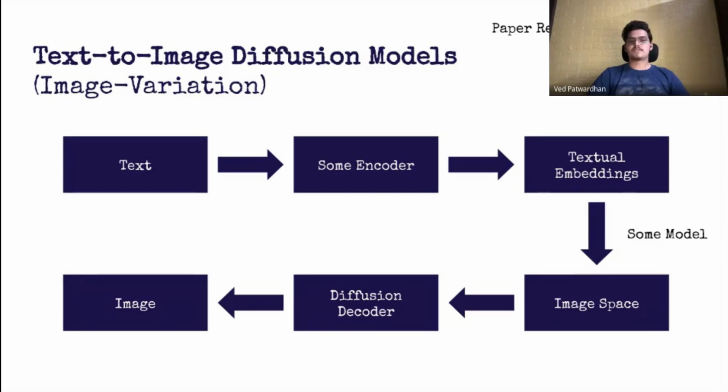Then you apply some model to map it to an image space, the space of the image output which you want. Once you've done that, you use a diffusion decoder to do the denoising process, as I mentioned in a couple of slides before, where you have this probabilistic model which you go on trying to denoise it, subject to a variational bound loss on the negative log.